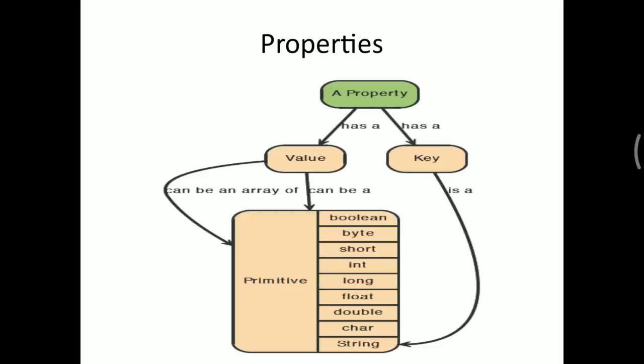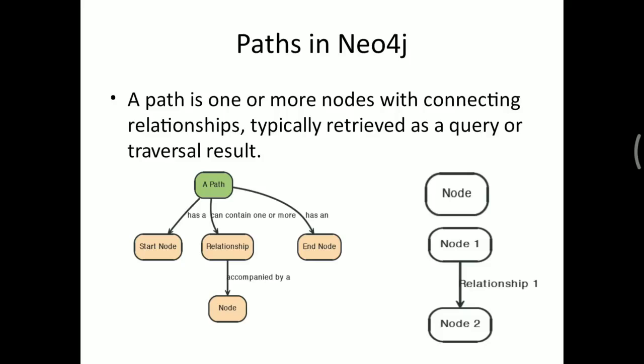And the properties of Neo4j: the primitive data types are boolean, short, long, float, double, char, string. They are all divided and specified to their own states, and there are keys like property, value, search key, and the paths in Neo4j. There will be a start node and end node, and the relationship paths.